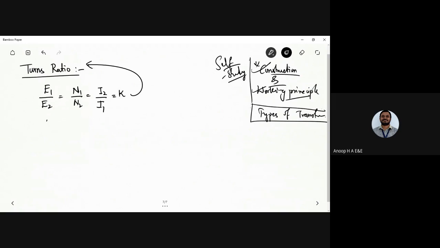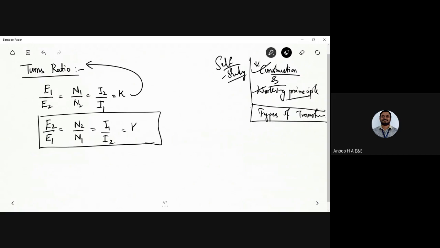Then I call E2 by E1 equal to N2 by N1 equal to I1 by I2, and I call this K, which is also called the transformation ratio. So E2 by E1 equal to N2 by N1 equal to I1 by I2 equal to K, and I call this the transformation ratio.